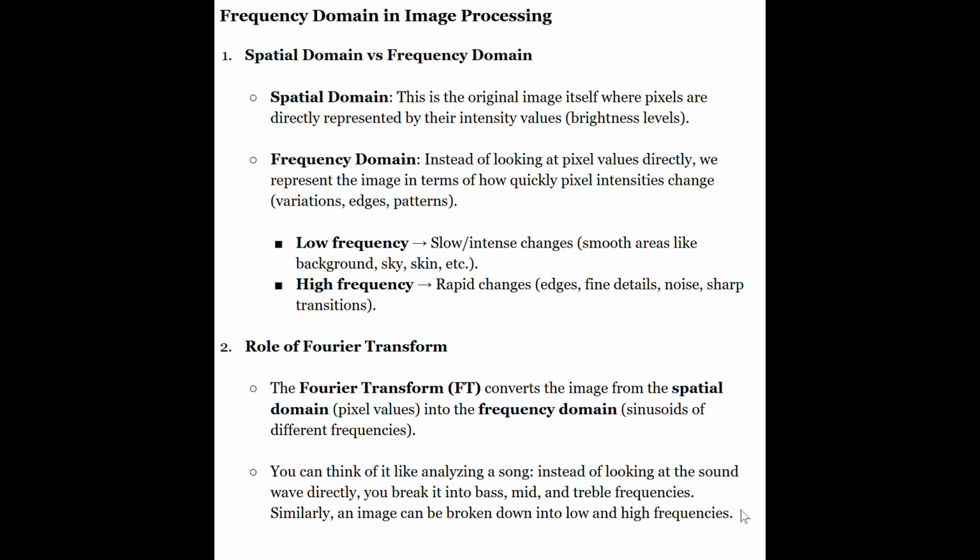Instead of looking at the sound wave directly, you can break it into the bass, the mid, the treble, and so on. Here you are dealing with a Fourier transform of that song. Similarly, as you can process sound waves, you can process images as well, where the image can be broken into low frequencies and high frequencies.